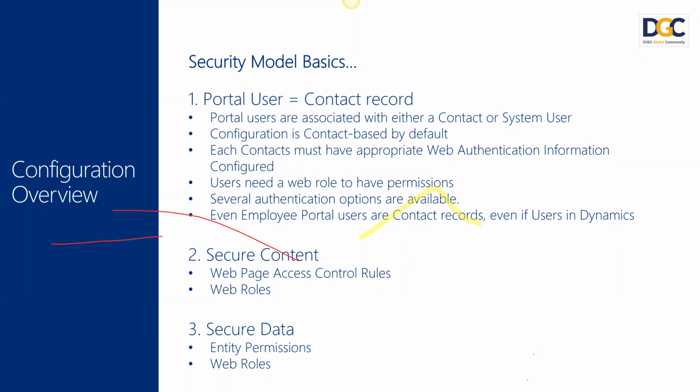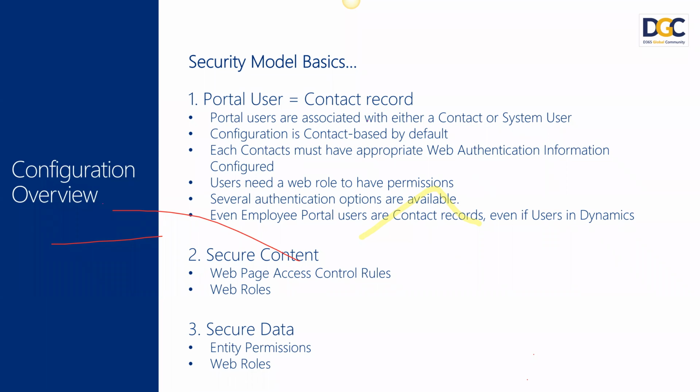So for example, when you are having the employee self-service portal, the employees are part of Dynamics users. They are contact records, even though they are users in Dynamics 365. So that is how the security is controlled for the portal user. It has to be a contact record.